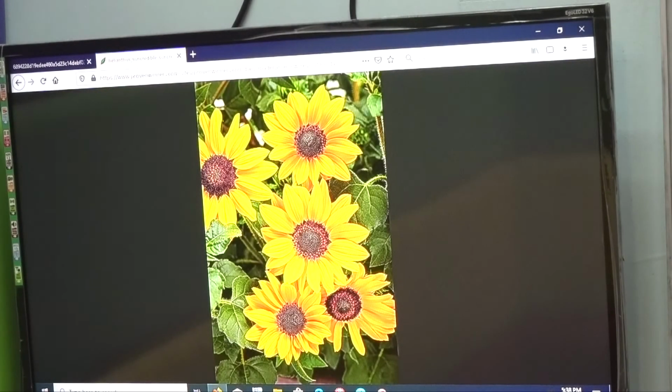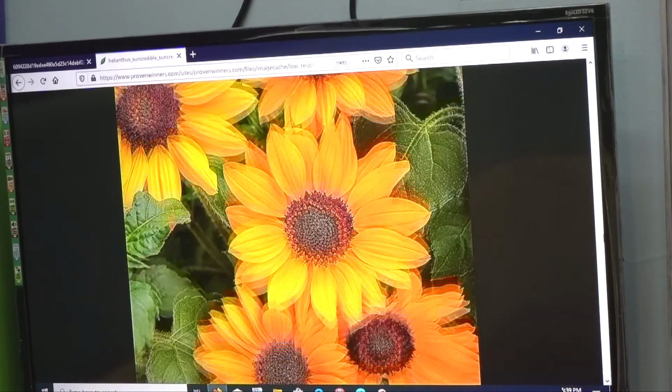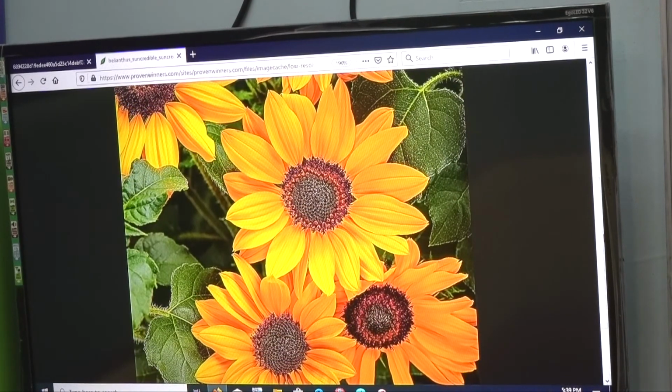So this is a picture of sunflower. This is called sunflower.